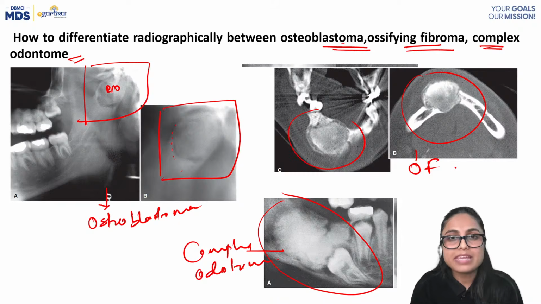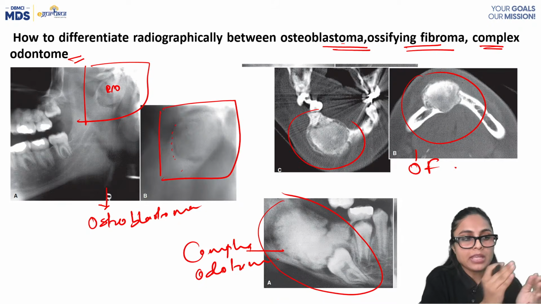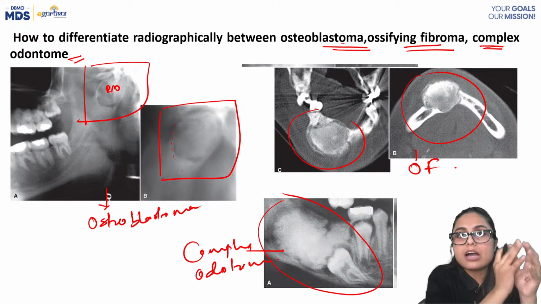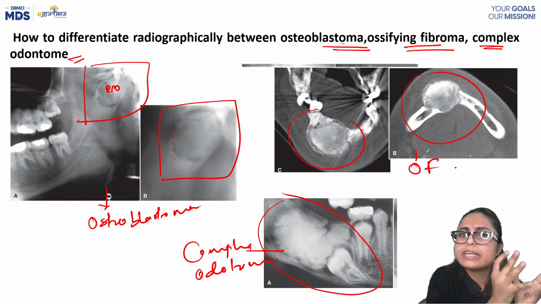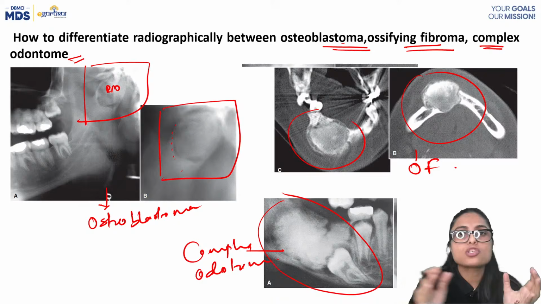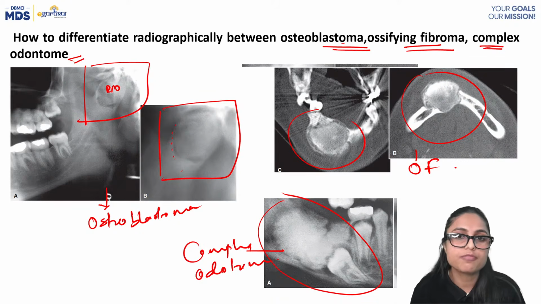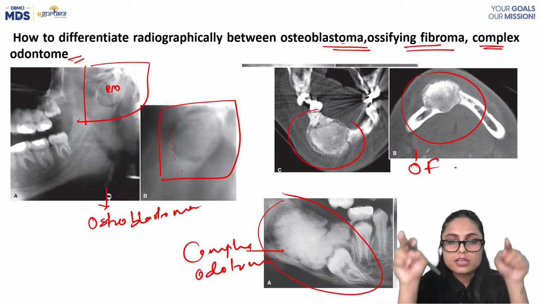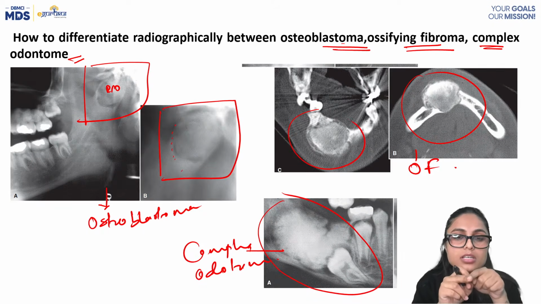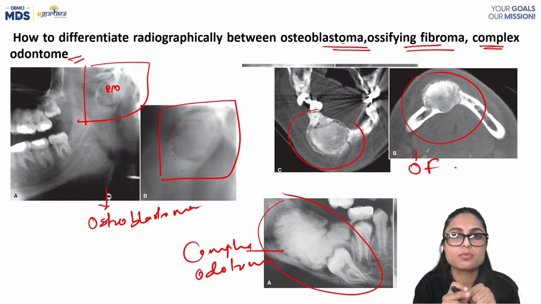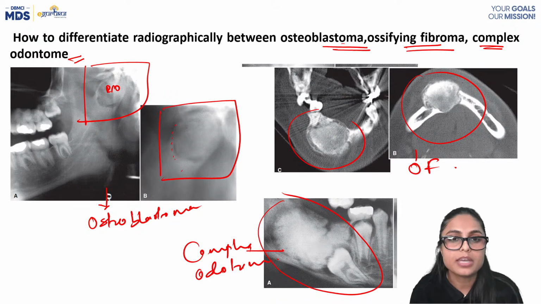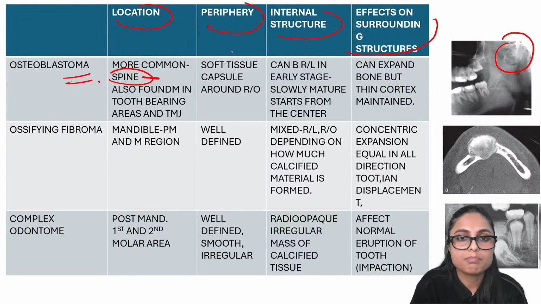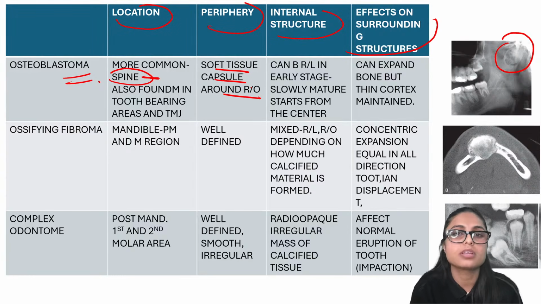which depicts the soft tissue capsule. It means that this osteoblastoma matures. In the early stage osteoblastoma is completely radiolucent. It slowly matures, and at the mature stage it becomes like this. The outer part of this osteoblastoma still remains as a soft tissue capsule, meaning it still needs to mature. So for periphery, you can see a soft tissue capsule around the radio opacity.